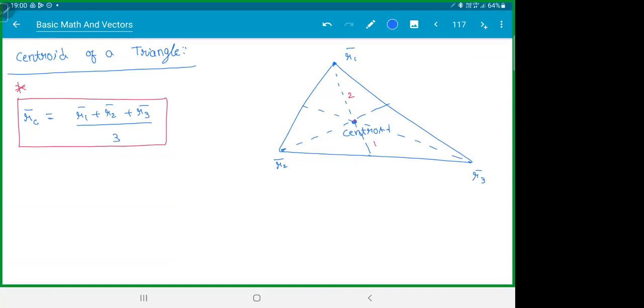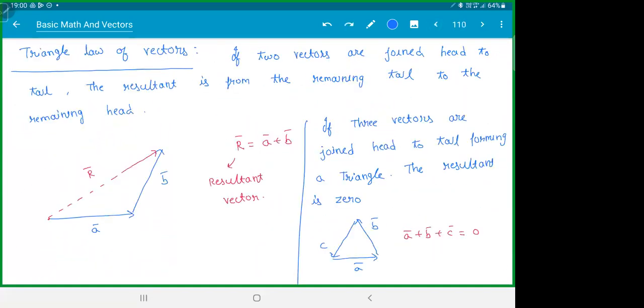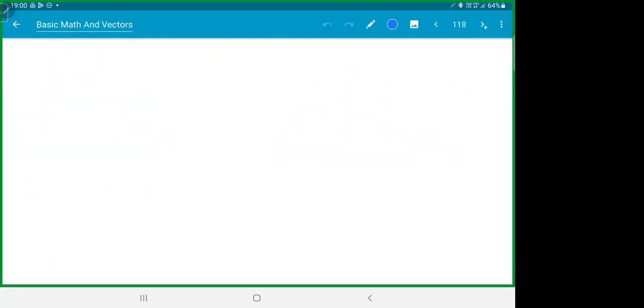Check it out. Let's see some questions on this triangle law. Can I go ahead, everyone? Let's see a question.